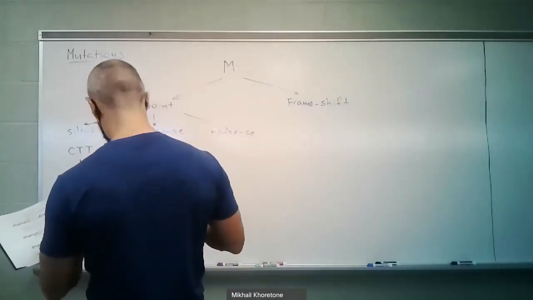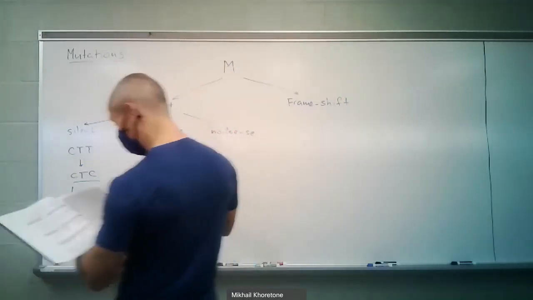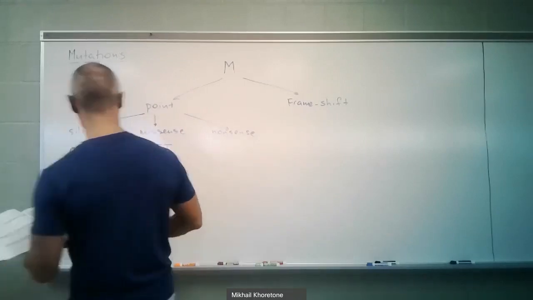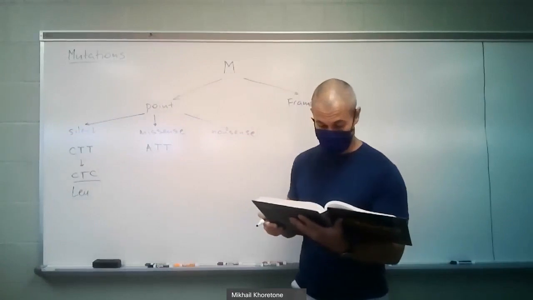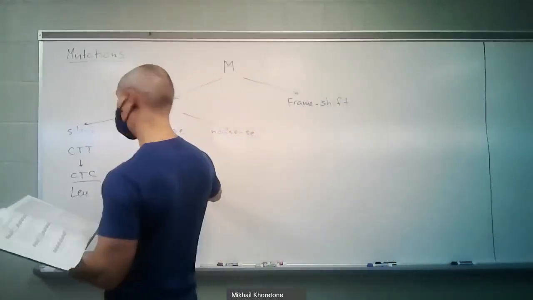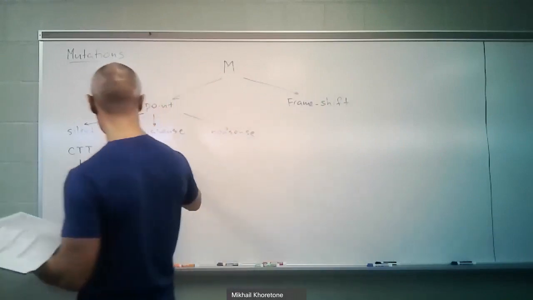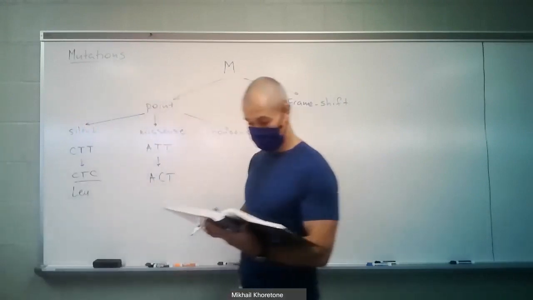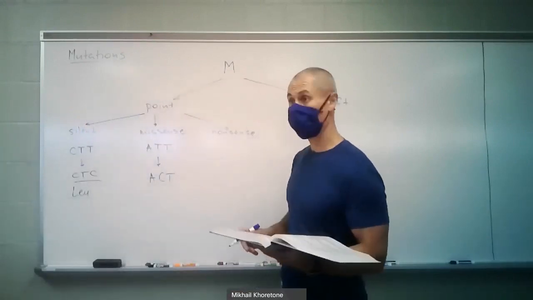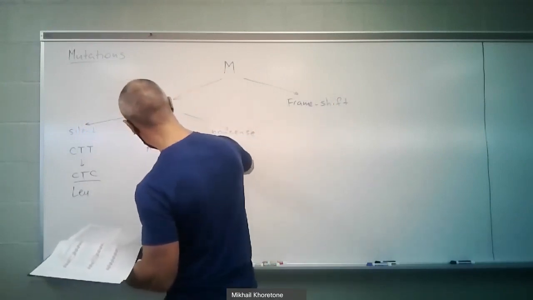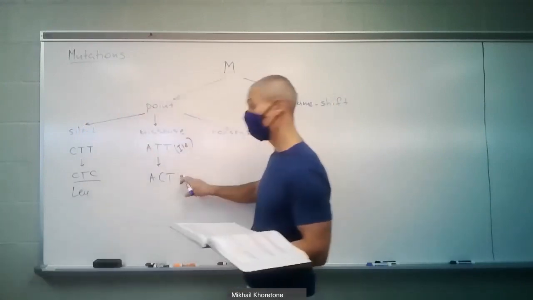So an example of missense will be this. Isoleucine is ATT. Now imagine this T is replaced with C. This is the codon for isoleucine.